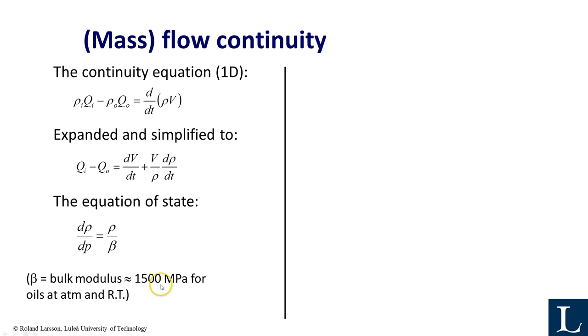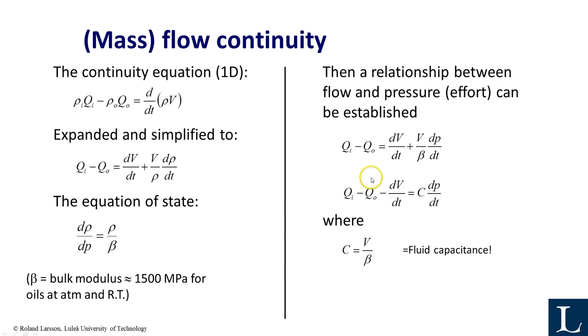Okay. Then we make use of this equation and put it into this equation. Then we end up with something like this. So we have the fluid flow difference minus the volume change is equal to a capacitance, a constant, multiplied by the change in pressure. Where this C, I called it capacitance already, it's the volume divided by the bulk modulus.